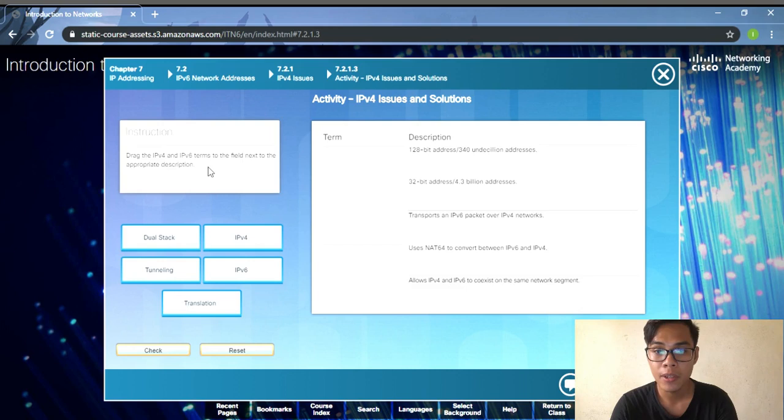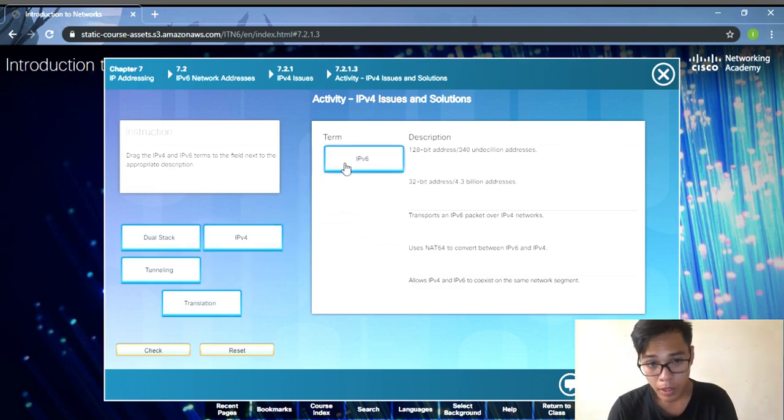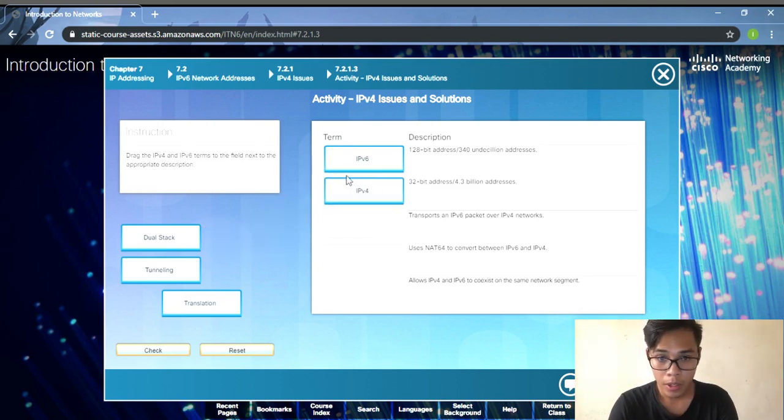128-bit address, 340 undecillion addresses. So I think it's IPv6, and the next is 32-bit address with 4.3 billion addresses. It's IPv4. Transports an IPv6 packet over IPv4 networks.